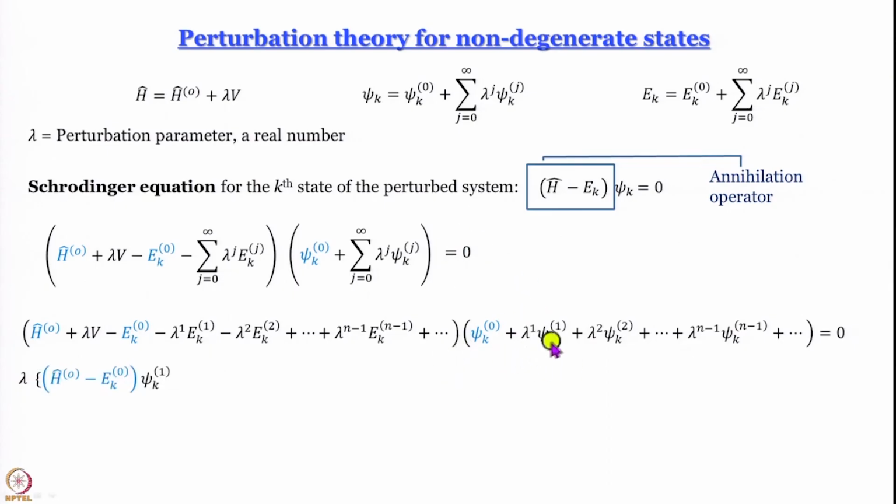On the right hand side I cannot take the second order correction, right, because lambda square is there. The highest order correction that is required is first. Psi k first is multiplied by lambda, and that has to be operated upon by H hat 0 minus E k 0th, alright. So, this is the first term that I get in the coefficient for lambda.